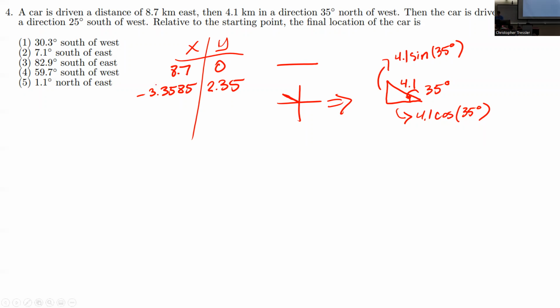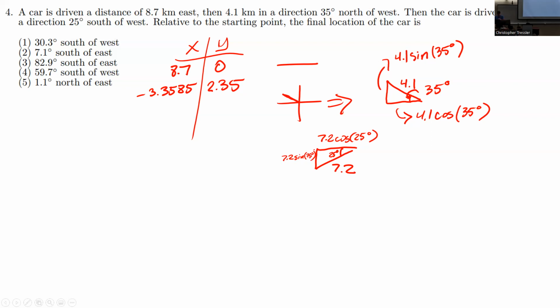And then finally, I'm going to do the exact same thing for the 7.2 kilometers. The 7.2 kilometers is going to be south of west, so it's going to be in this direction, and it's going to be 25 degrees. This is going to be 7.2 cosine of 25 degrees, and we have 7.2 sine 25 degrees.